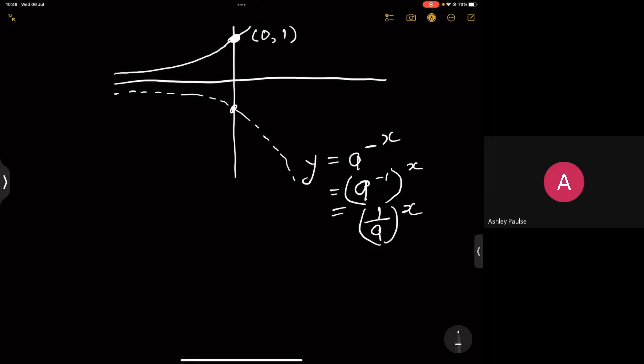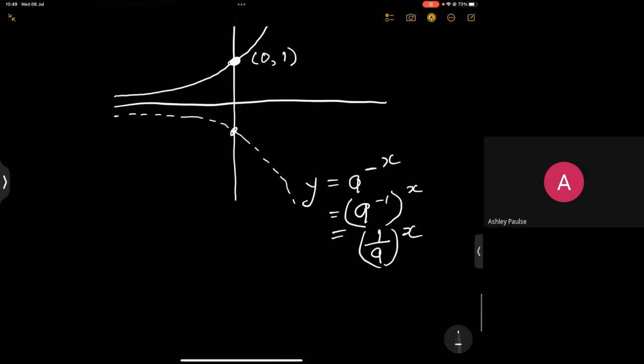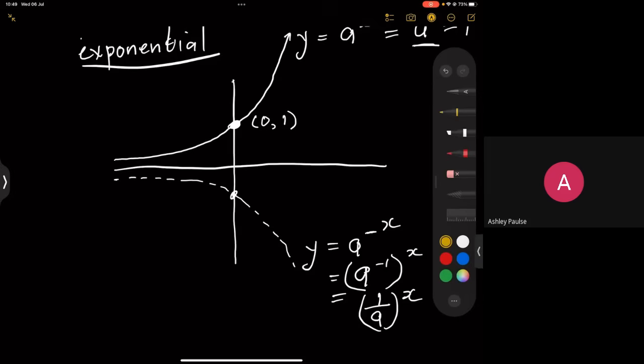No, actually, I am incorrect. It would be a graph that looks something like this. Let me just draw it in another color. It would be a graph that looks something like this. Right, so it would be a reflection around the y-axis.